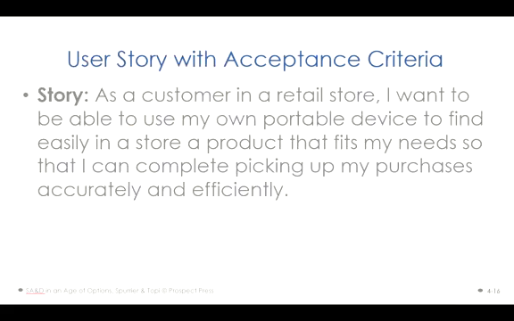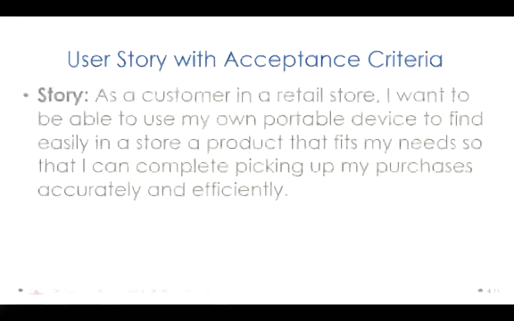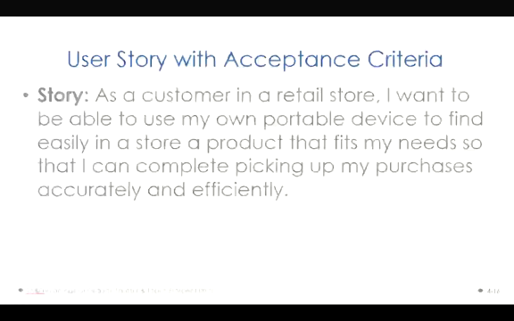Once you have this criteria, then we can see an example. In this example, they have presented the acceptance criteria with a physical device. So we start with the abstract concept, a user in a retail store that wants to collect something for purchase, but the user at the end says, I want to use some sort of portable device.